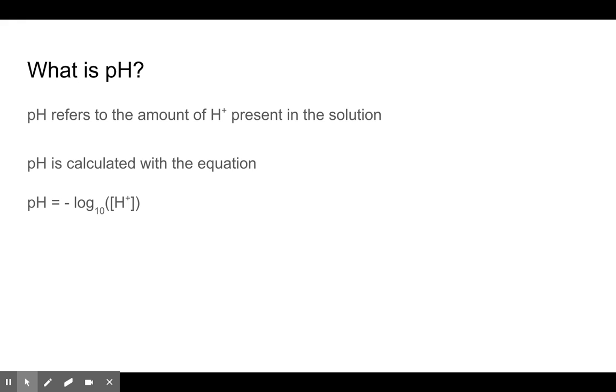They won't include the base 10 because that's assumed. I included it here because a lot of us are in math classes with different bases, but pH is always calculated as the negative log base 10 of the molarity of H plus.